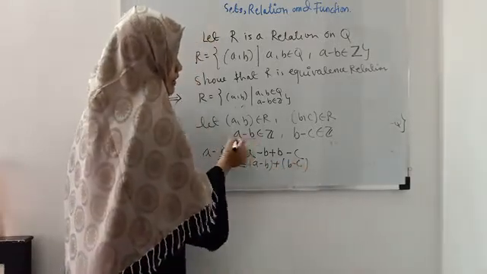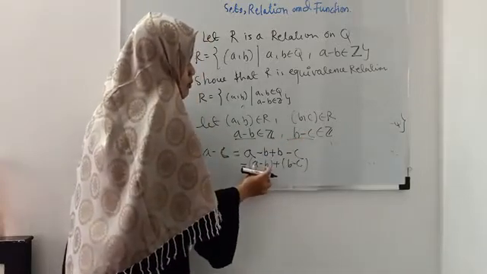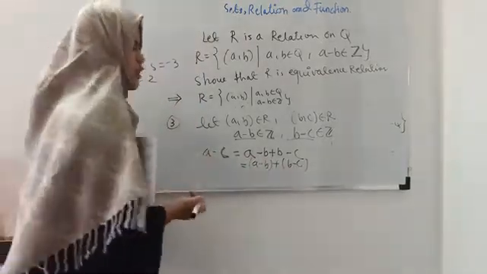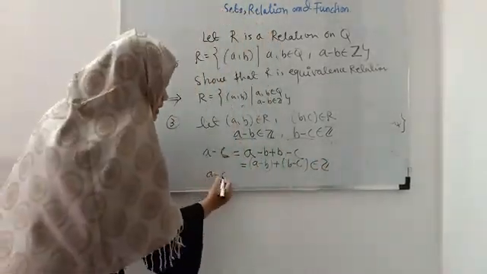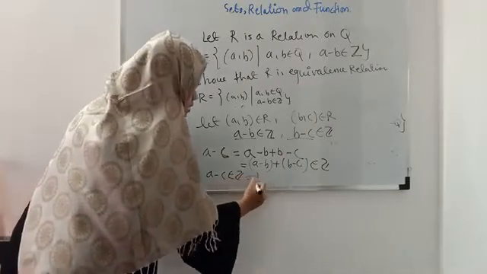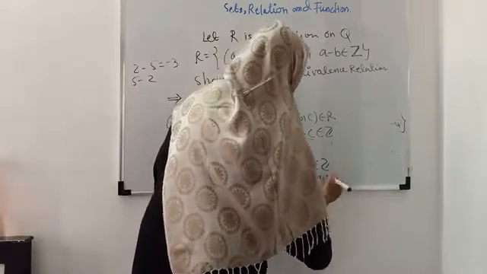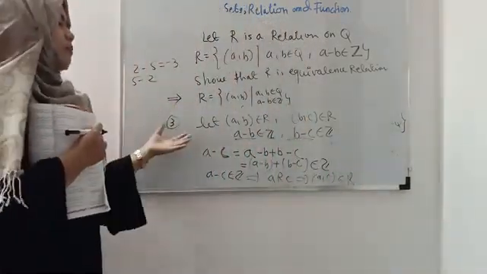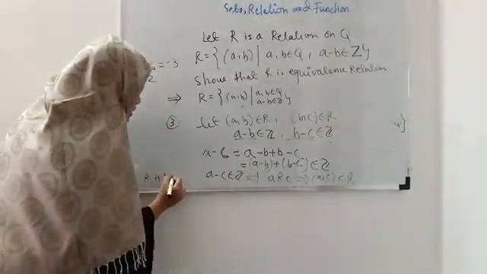We have a minus b belongs to Z and b minus c also belongs to Z, so the addition of both will also belong to Z. So this also belongs to Z. That means a minus c belongs to Z. That is, a is related to c, which is (a, c) belongs to the relation, and it will hold for every pair. Therefore, R is transitive.